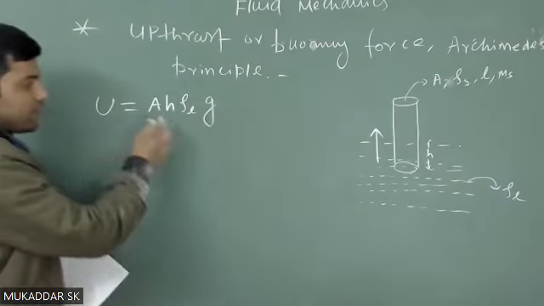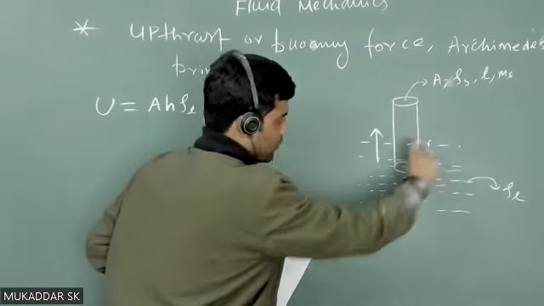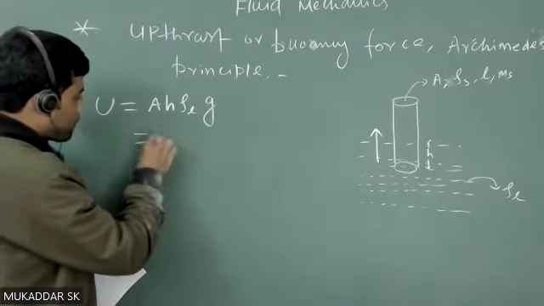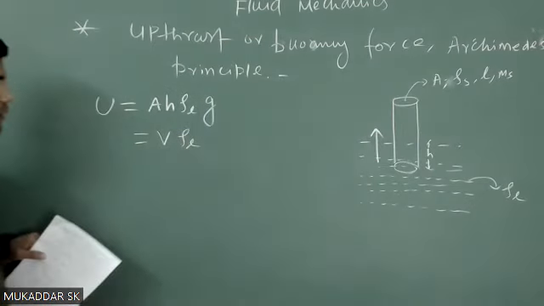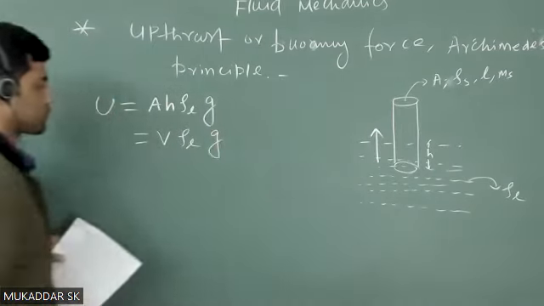So A into h gives the volume, into rho L, the density of the liquid, and g is the gravity.